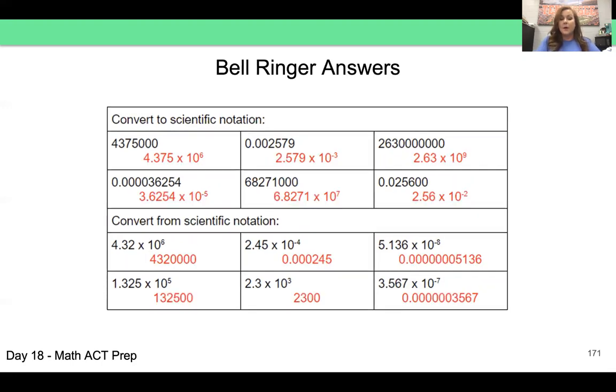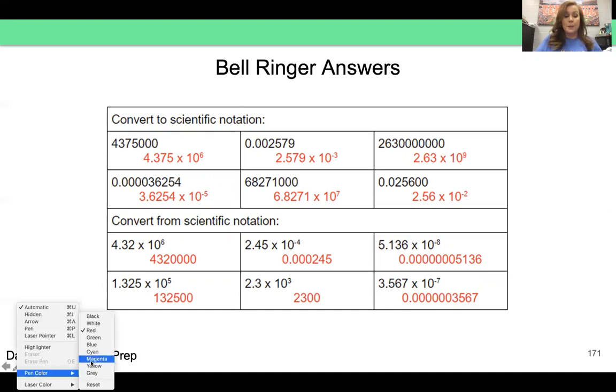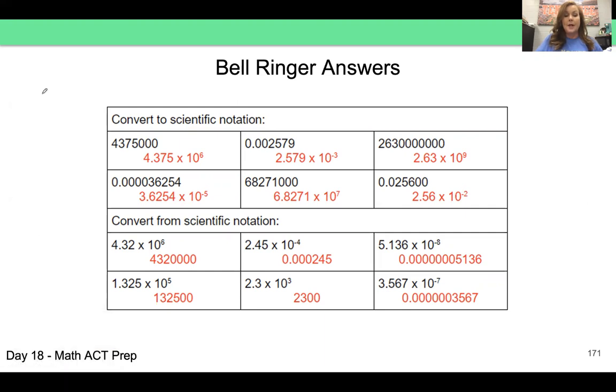Okay, so here are the answers. Remember I told you that if you're converting, you take wherever the decimal is and you put the decimal in the new place. It's after the first non-zero number, and then you write all the numbers so you get repeating zeros.